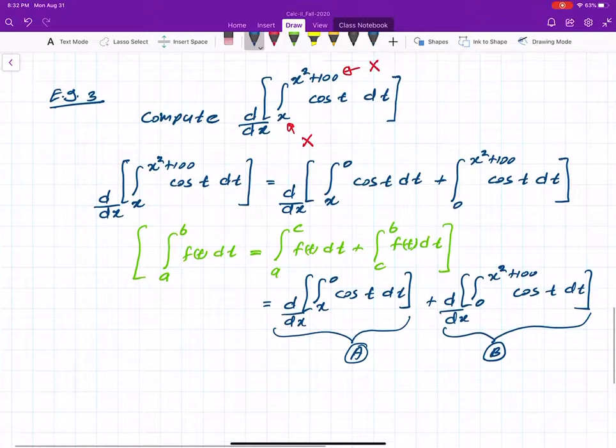I am given this problem, which is just a single problem.